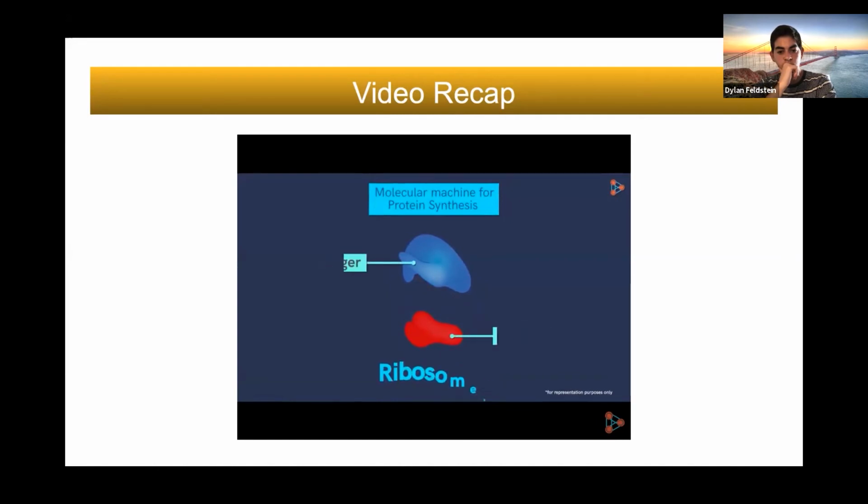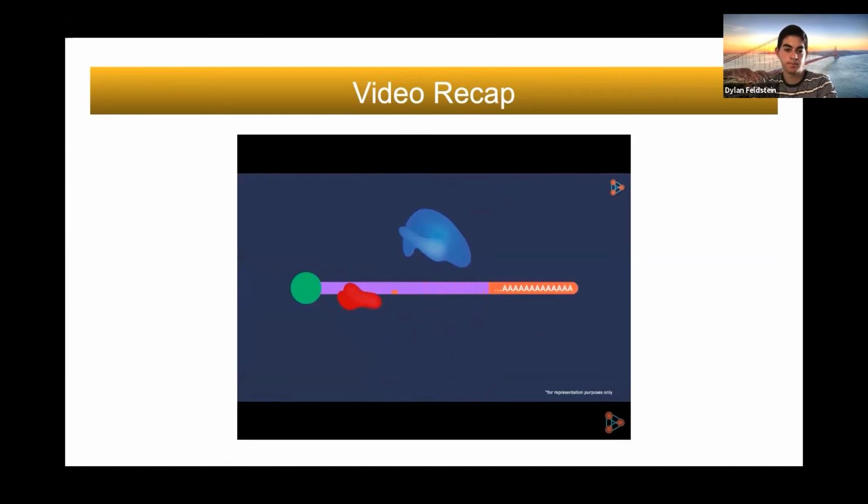The smaller subunit binds to the mRNA at the initiation site. Once this is done, the larger subunit binds and completes the assembly. Now, the other type of RNA, called tRNA, steps in to get the remaining work done. At the end, a chain of amino acids is formed and released from the ribosomal unit.